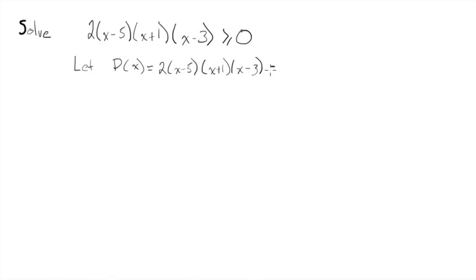When does that actually equal 0? So we look at the corresponding equation with one side equal to 0. We know that x minus 5 equals 0, x plus 1 equals 0, and x minus 3 equals 0. Therefore, x is equal to 5, x is equal to negative 1, and x is equal to 3.